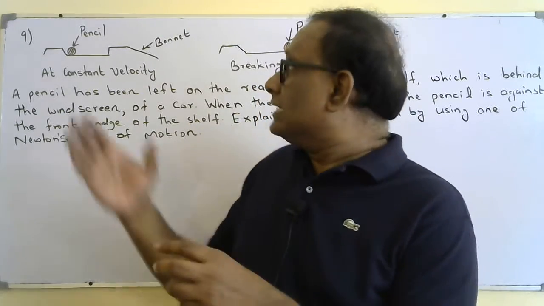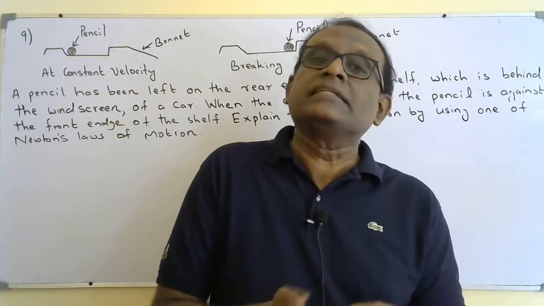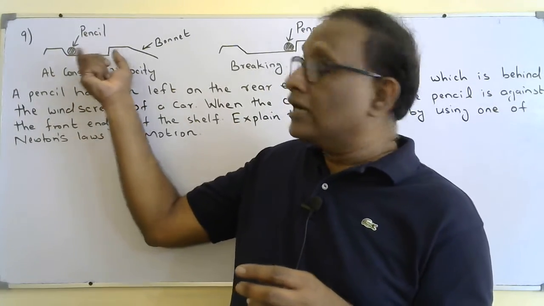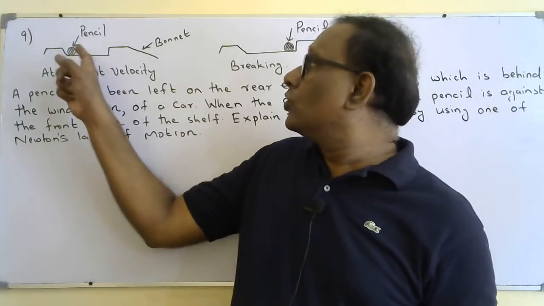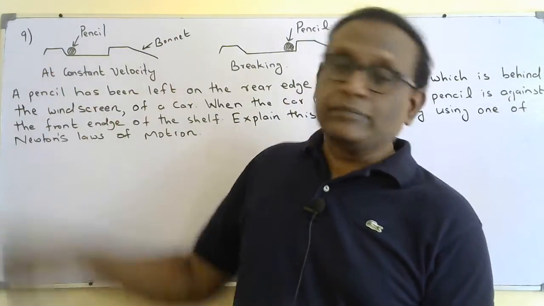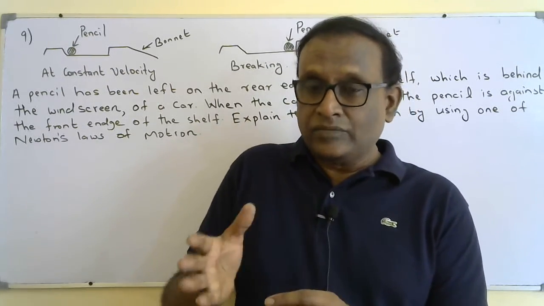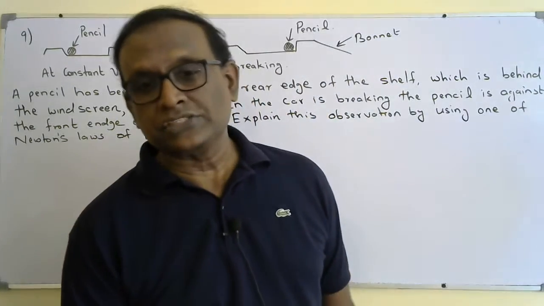So the pencil will have, every moment, a greater displacement than the shelf in the car. So the pencil is catching up with the front edge of the car. Pencil will catch up with the front edge of the car. So that's the answer we should write.